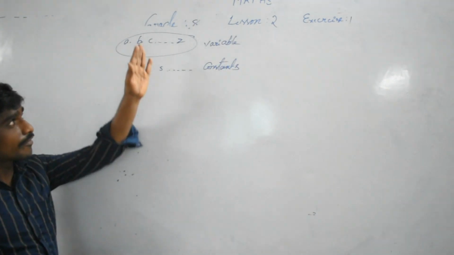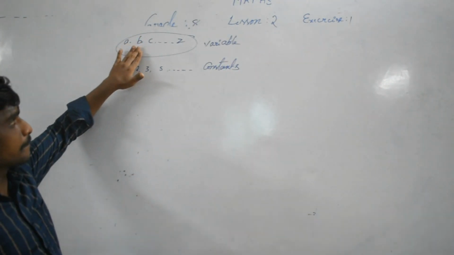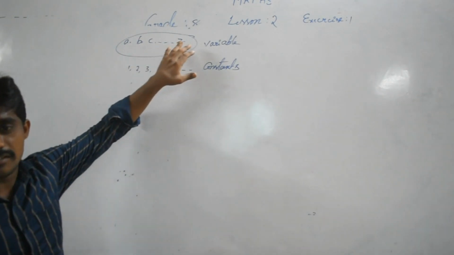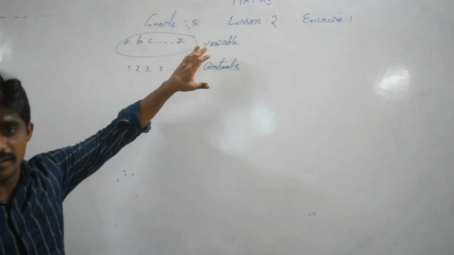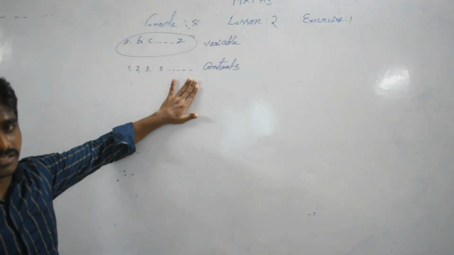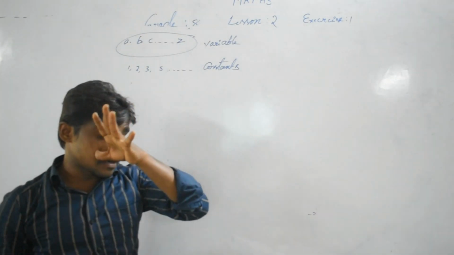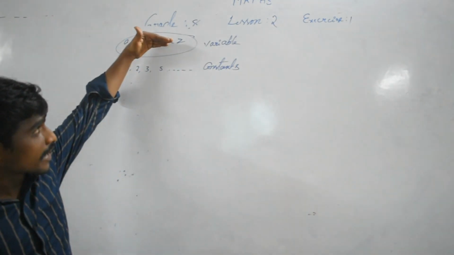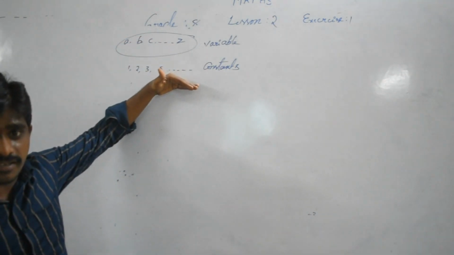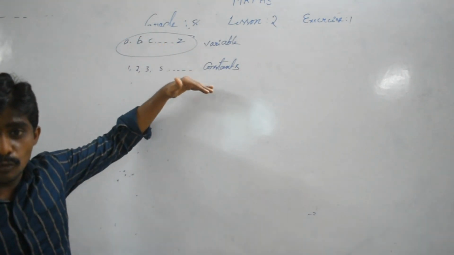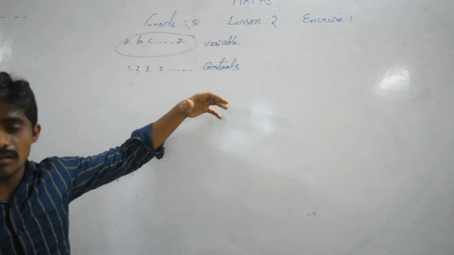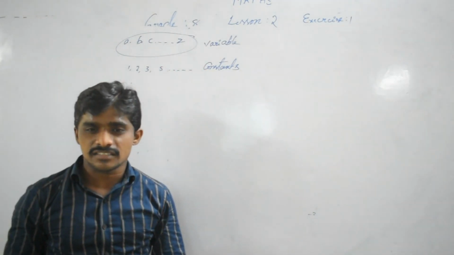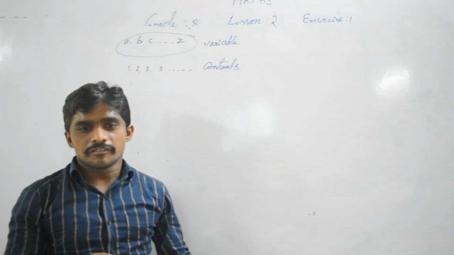So we know variable means A, B, C, the English alphabet letters, and constants are the mathematical numbers. Here, variables and constants connected with any mathematical operation is called an equation.